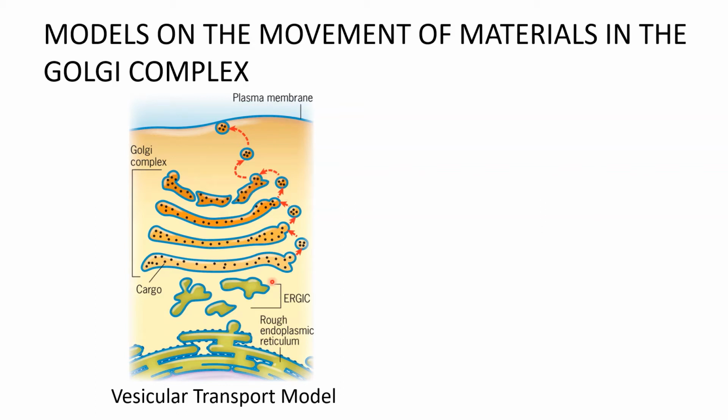So that's the vesicular transport model. So this entails that in a cell, the Golgi complex is always present. Okay? Because the main parts here are always present, and it's only the vesicles that move in between them.